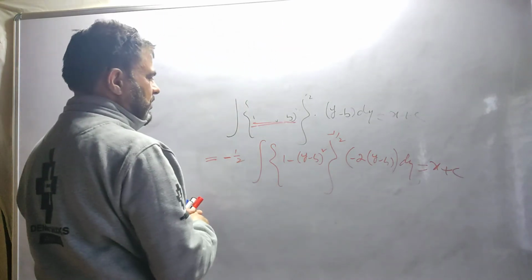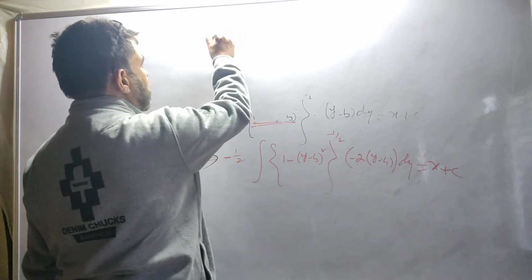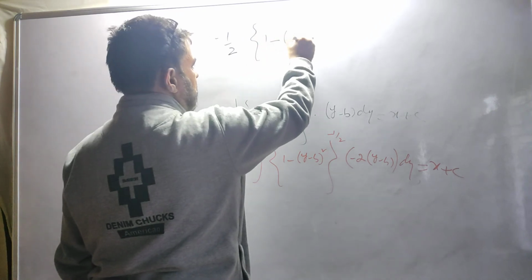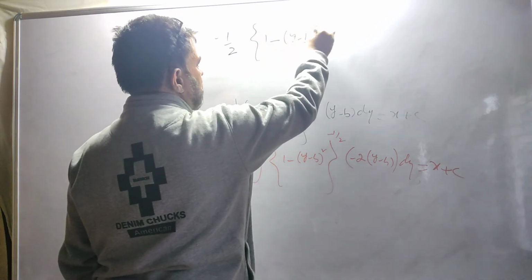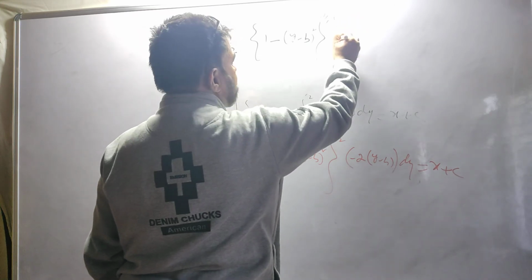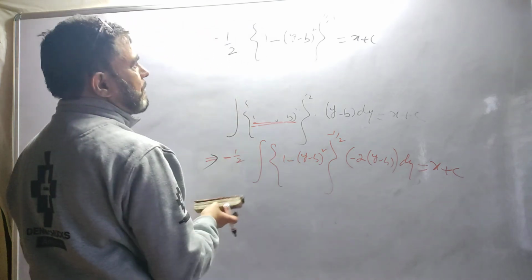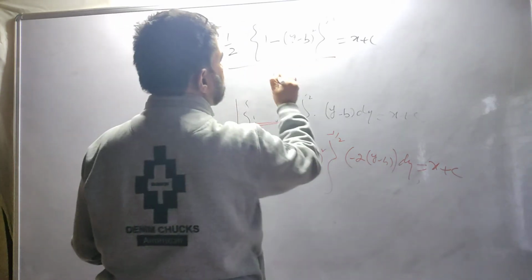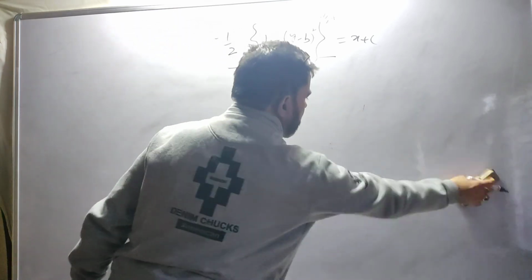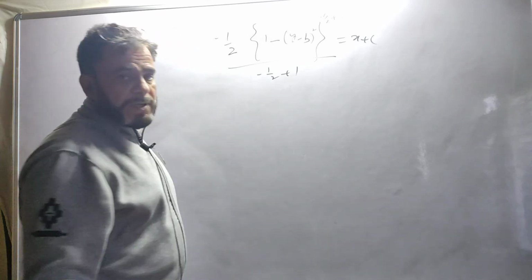This is the standard form. This is minus 1 by 2, 1 minus y minus b square raised power minus 1 by 2 plus 1, divided by minus 1 by 2 plus 1, is equal to x plus c. It is just for your simplification so that you will recollect your formula. What formula are we using?